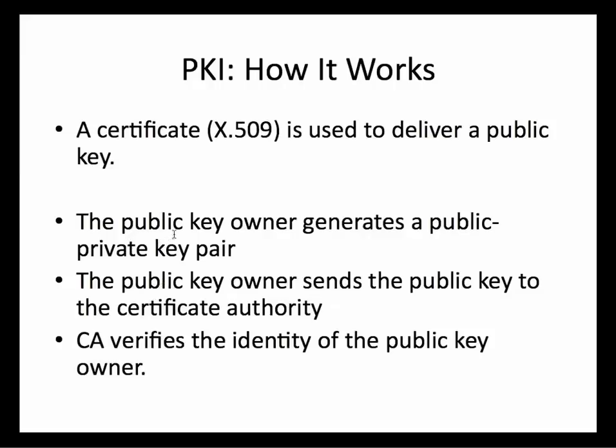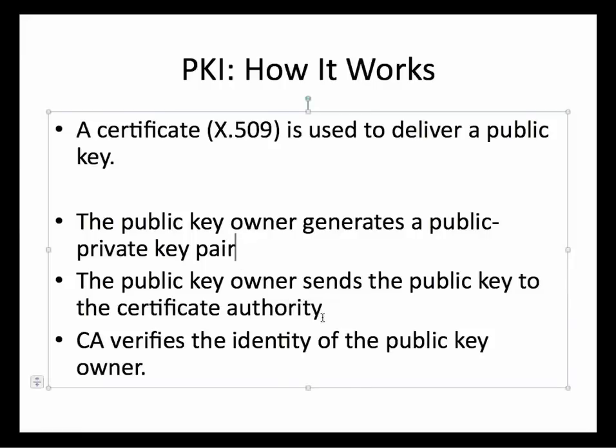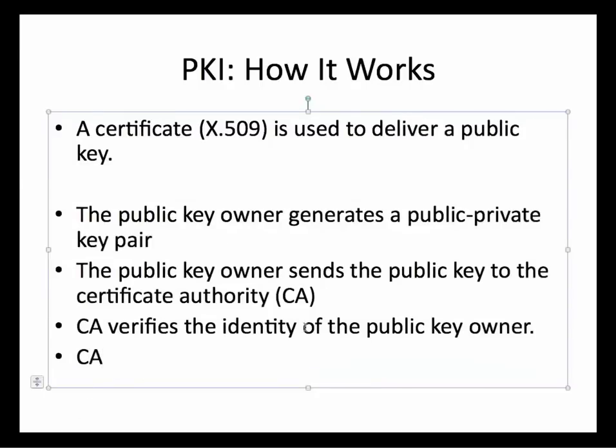So the public key owner generates a public-private key pair, good. Then the public key owner sends the public key to the certificate authority, and the certificate authority is responsible for verifying the identity of the public key owner. That's good. After that, the CA puts the public key in another document called a digital certificate.